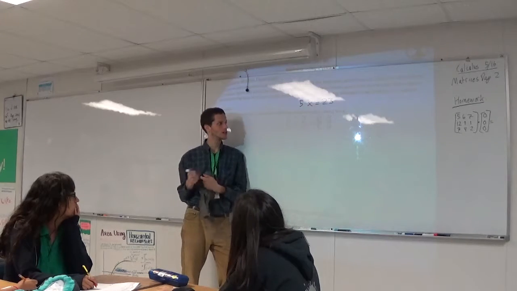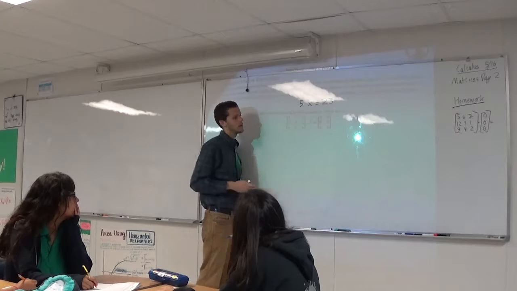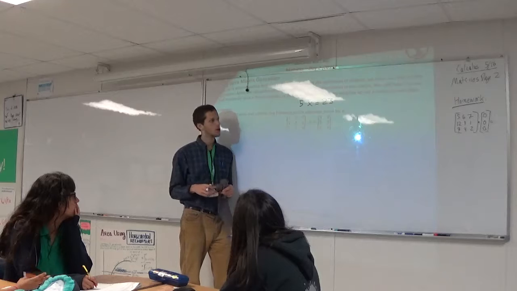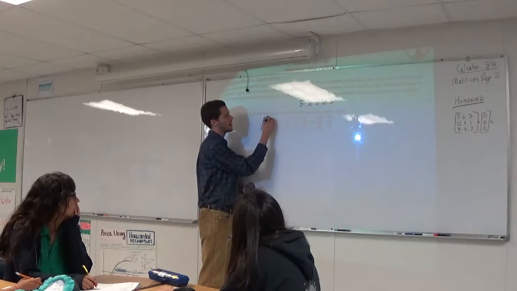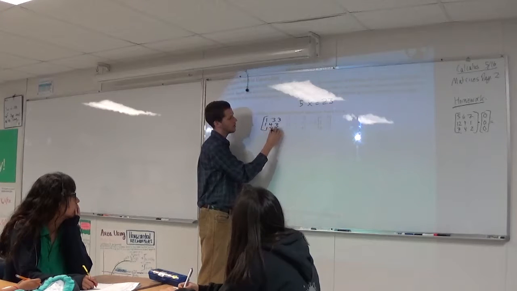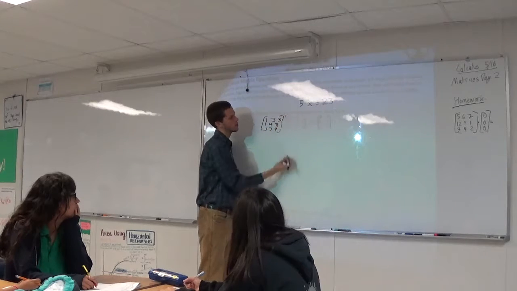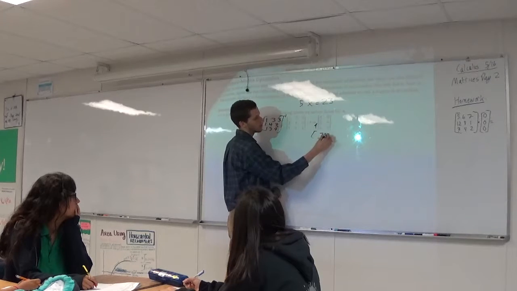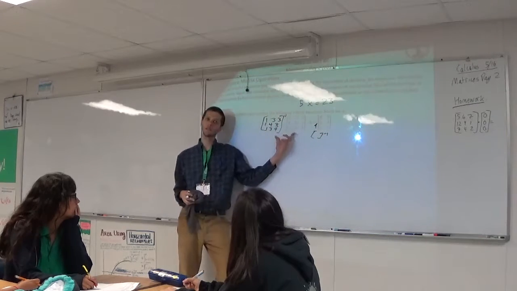What you need to do is multiply by the inverse of the matrix. So if I multiply by the inverse of this matrix, times the inverse of the matrix, what's going to happen over here?